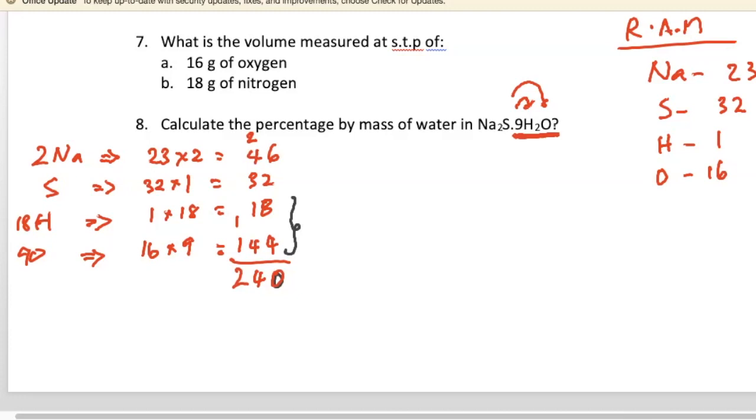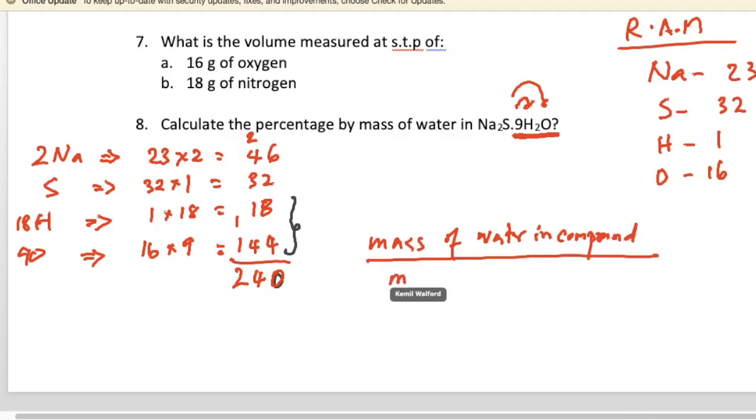So the mass of it that's associated with water, you want to find the percentage composition by mass for water, so you take the mass of water in the compound over the mass of the compound, and we multiply that by 100 because we're doing percentage.